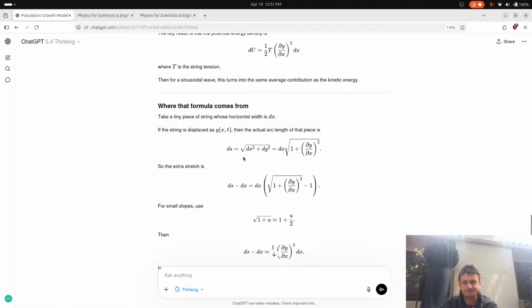That's what that is. I don't get this substitution though. Oh yeah, they do. Okay. All right. So anyways, we get ds is equal to square root of dx squared plus dy squared. And then you can factor this out into dx times square root of 1 plus (dy over dx) squared.